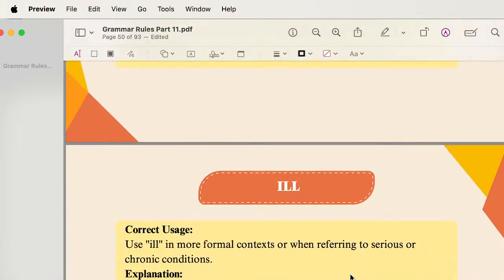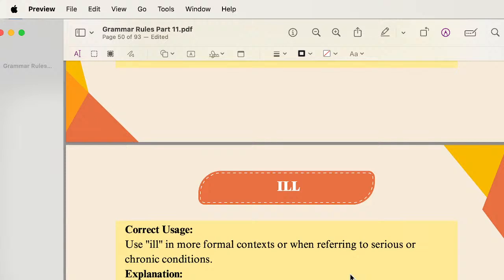But if you want to say ill, then it is mostly used in formal contexts when you're referring to serious or chronic conditions. So when you're just talking about unwellness casually, you're not feeling well for some reason, let's say you had something at lunch and your stomach is not happy about it, you can simply say that I'm sick.